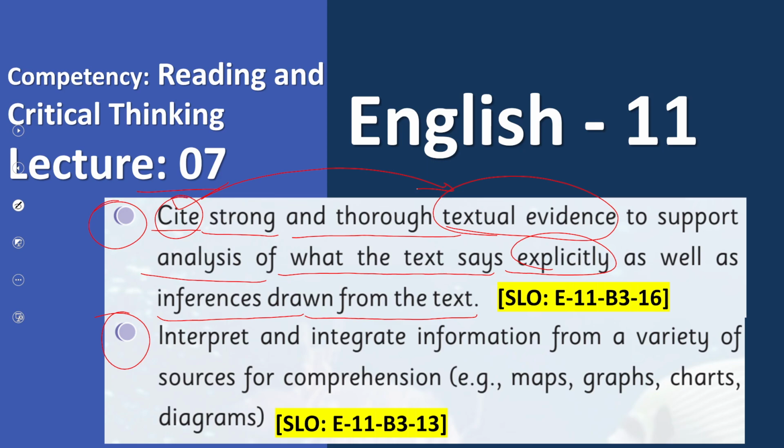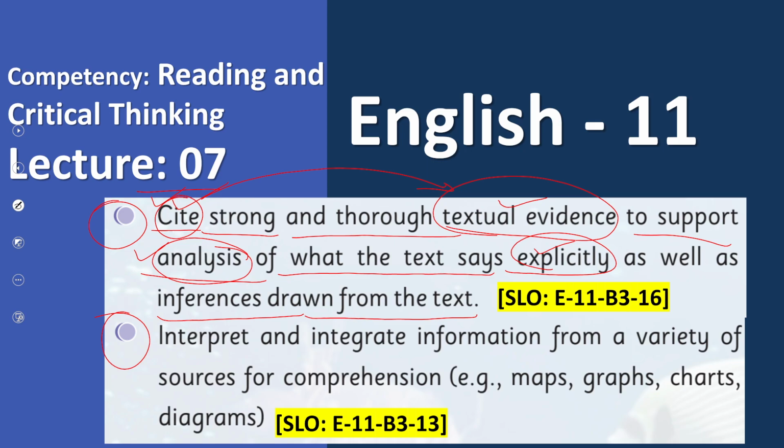We will see what we mean by cite and also textual evidence, and why we do it. We do it to support our answer or the analysis that we are making based upon the text that we have just read. This can be done on a text that has everything on the surface, everything explicitly mentioned.